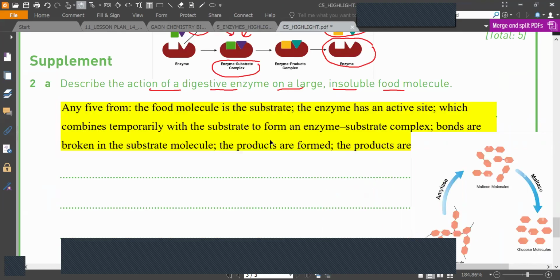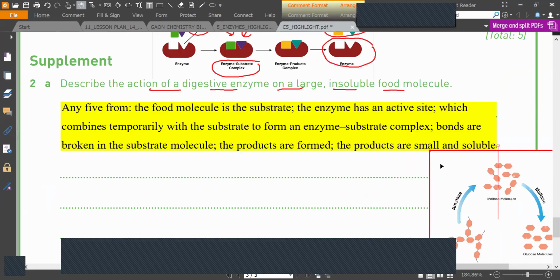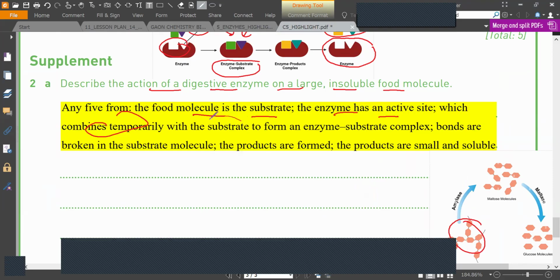Example like the starch. What happened? The food molecule is the substrate, for example this starch. The enzyme has an active site, like what we mentioned before, which combines temporarily with the substrate to form enzyme substrate complex.